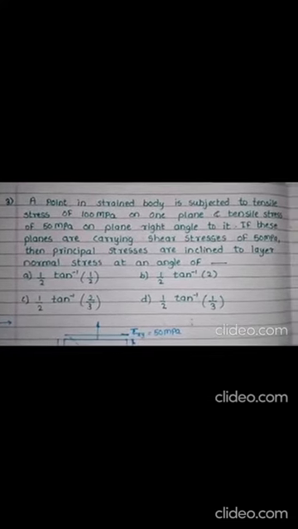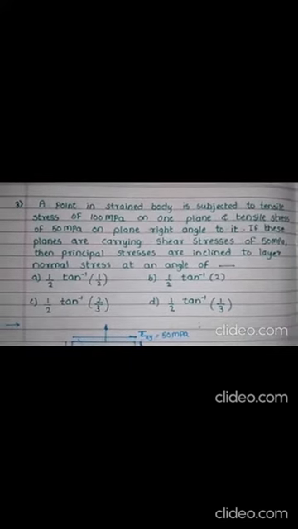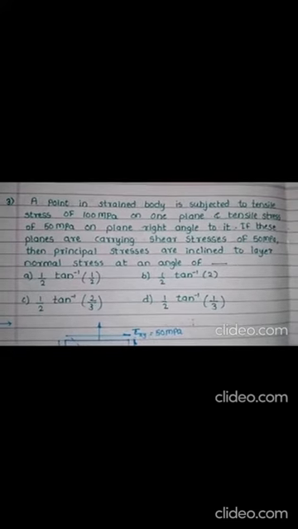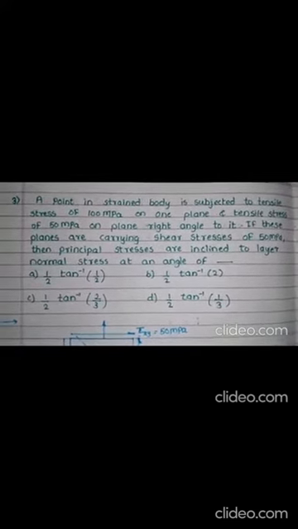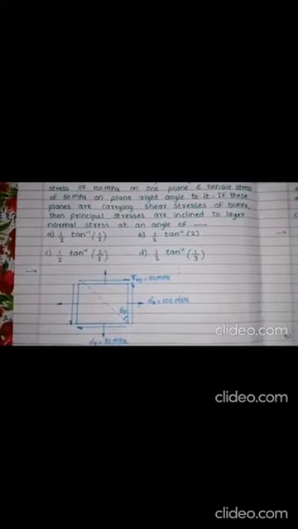If these planes are carrying shear stresses of 50 MPa, then the principal stresses are inclined to the normal stress at an angle of what? In this example, the tensile stress of 100 MPa is acting on one plane and the tensile stress of 50 MPa is acting at right angle to that plane.